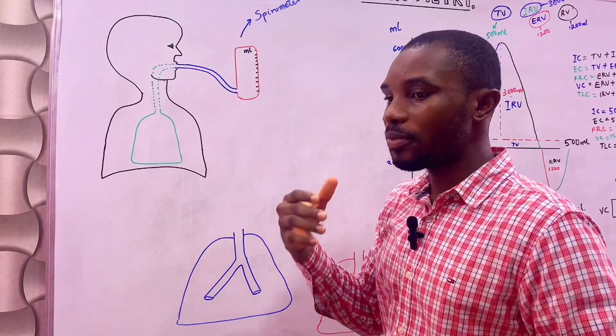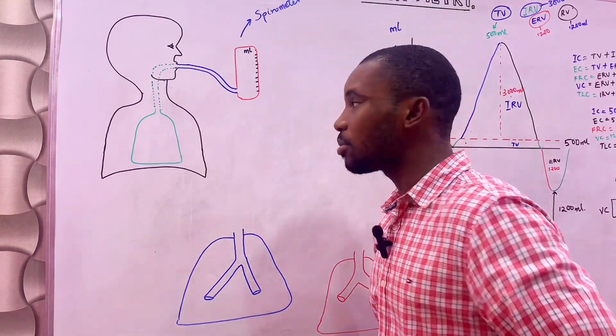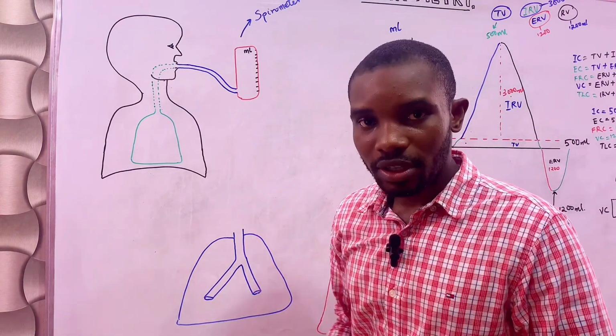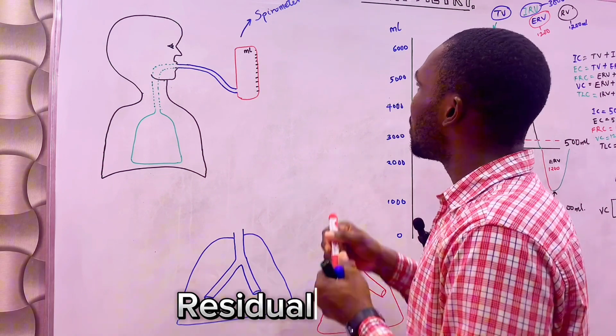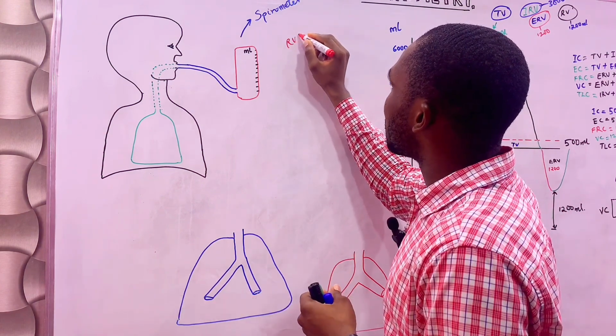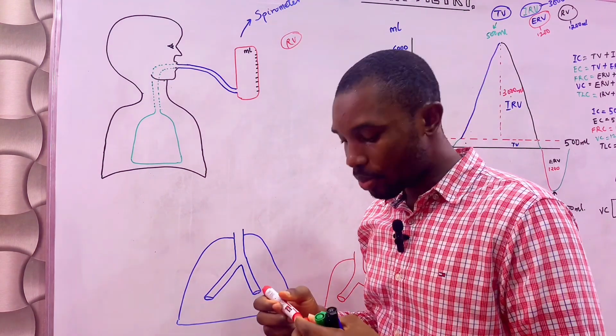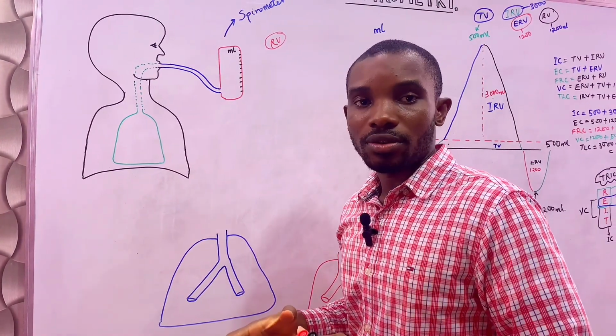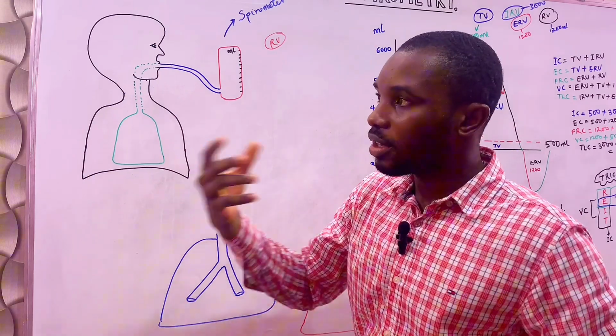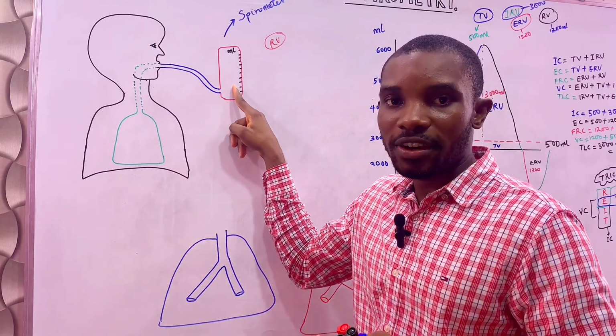So they measure expiratory reserve volume, tidal volume, and inspiratory reserve volume, but they don't measure one, which is residual volume. It cannot measure residual volume, because the residual volume is what remains in the lungs. You cannot breathe out the residual volume for this device to detect.